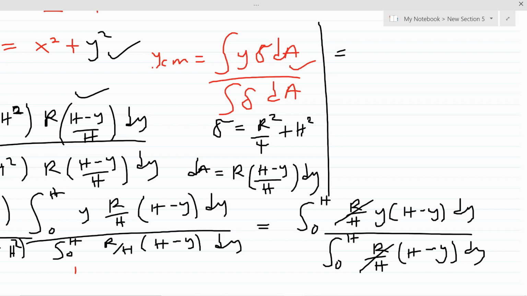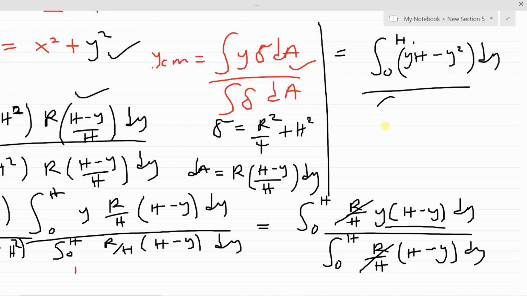This will be equal to the integral from 0 to h of y times this bracket, that will be yh minus y squared dy, over the integral from 0 to h minus y dy. Okay, so this integral has become very simple for us. Let's continue to the right side and solve it.